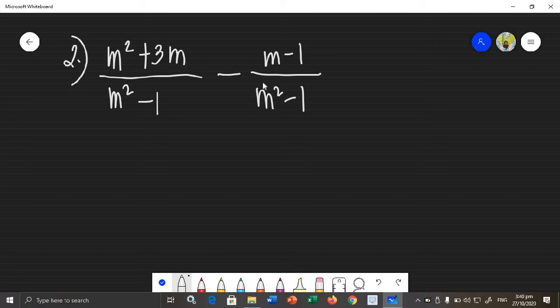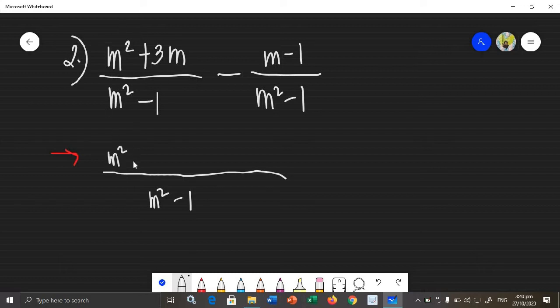As you can see again, they have the same denominator. If that is the case, then we will just rewrite the given over a single denominator, m² − 1, and then write the numerators.